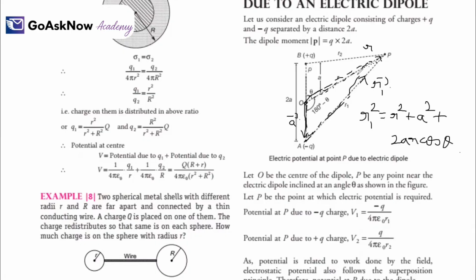R1 is the resultant of these two vectors, small a and small r. The angle is taken from head to tail like this, with the R1 vector as the resultant, a small a vector and a small r vector.